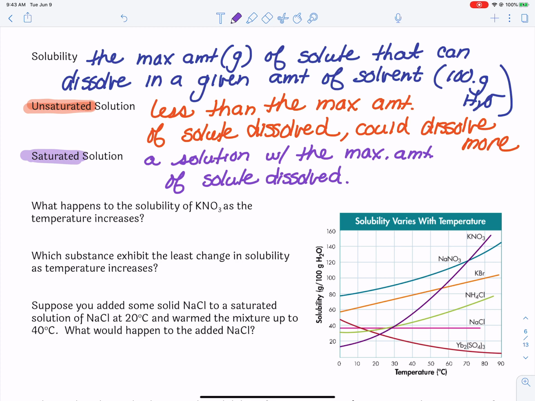So that if you were to add another teaspoon of sugar in, it wouldn't dissolve. It would just sink to the bottom and remain as a crystal. Okay, so no more can dissolve.